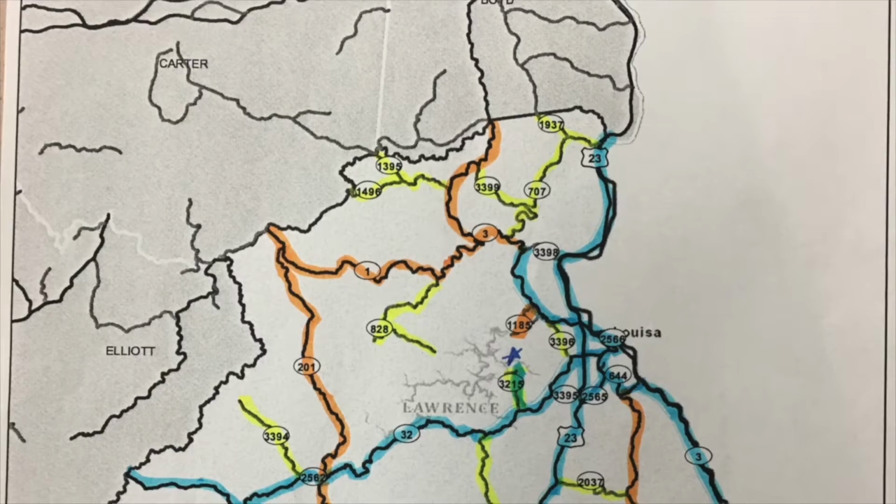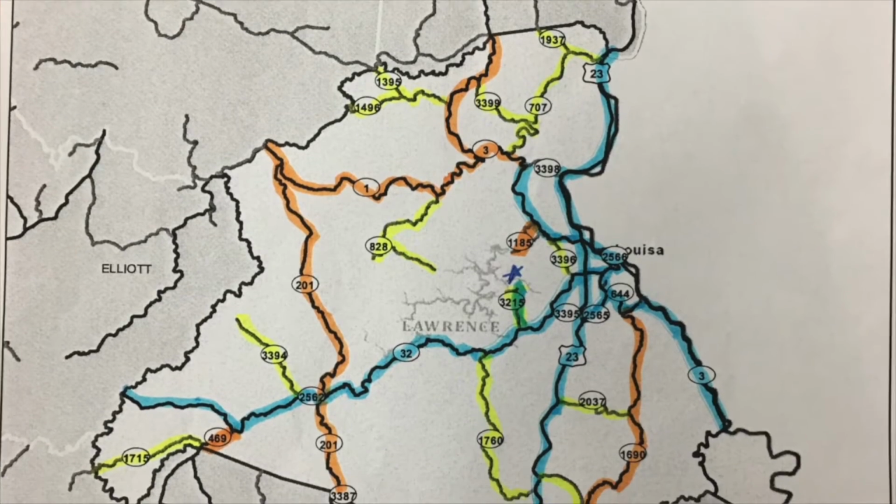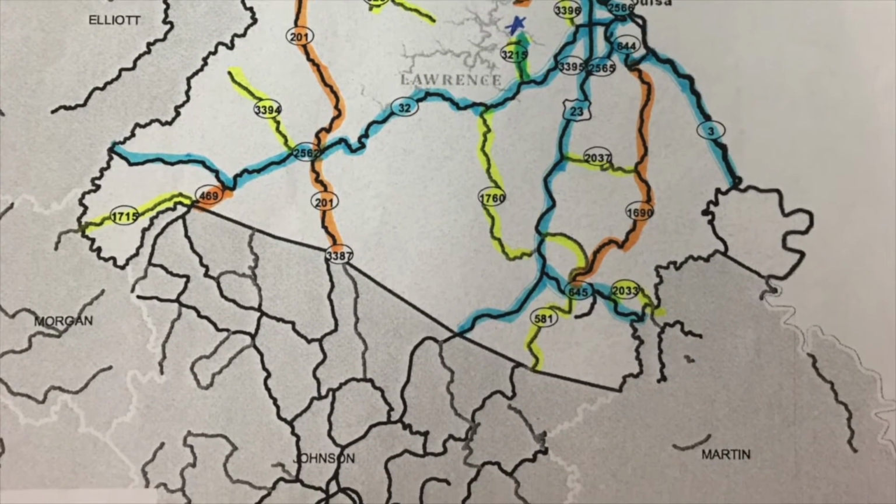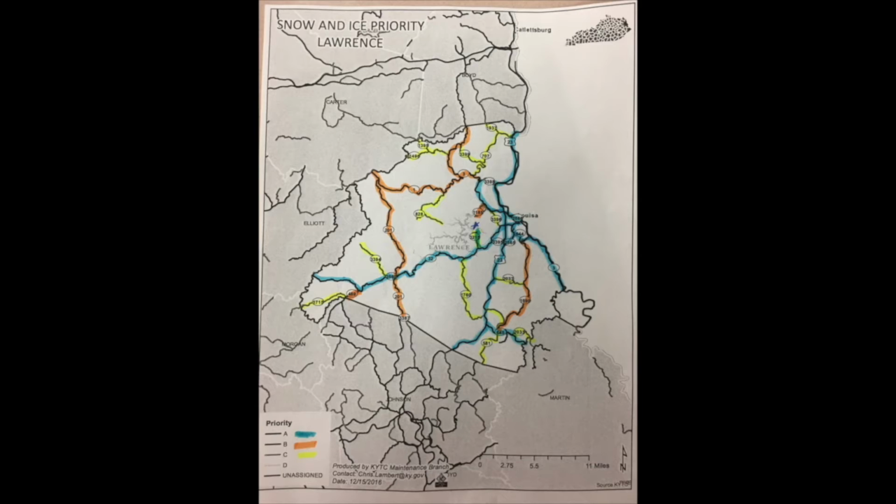Some of the A routes is US 23, Kentucky 645, Route 3 to Clifford, Route 3 north to Fallsburg. Some of our B routes are a little farther out in the county, 1690, 201, and then of course we have our C routes, which is the less popular, less driven areas.